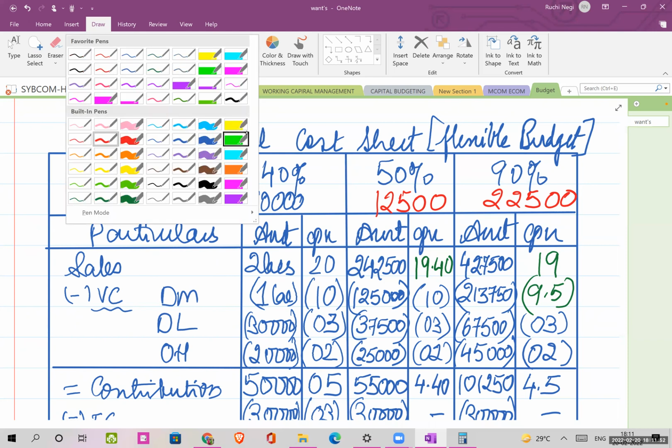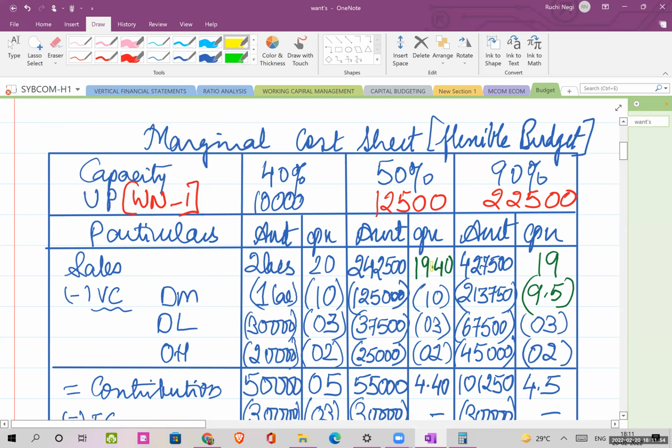At 50%, there was a change in selling price only, and at 90%, there is a change in selling price plus a change in raw material price, which we calculated in working note number 2.